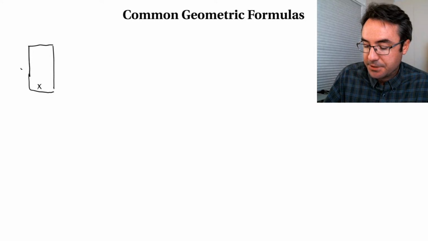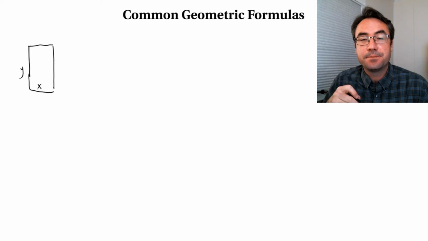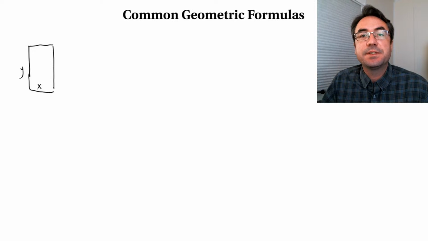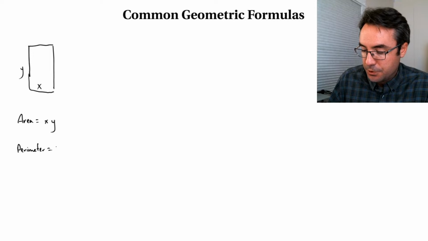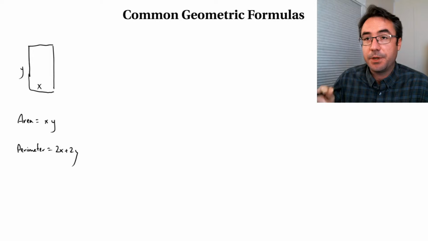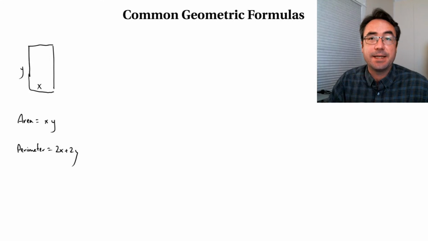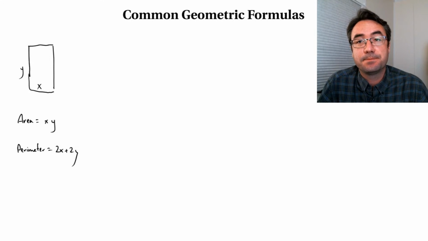So a rectangle has two dimensions, x and y. And some of the usual things that we calculate with a rectangle, as we've seen, are area, so x times y, and perimeter. So 2x plus 2y, where we go through and add up all the sides, the lengths of the sides.